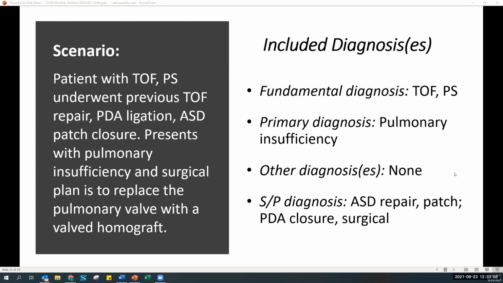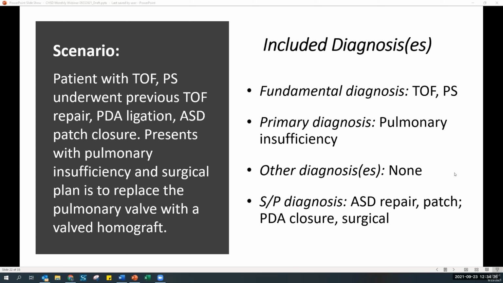Again, art and science, what do you like to look at in your program? When you look at STS, doing it this way, exactly what's on the slide, will meet what's required for analysis. So you're meeting what the STS database needs to do an appropriate analysis. I know for me locally, when I look at my data, if I had also listed an ASD and a PDA, I would presume that that patient had those lesions currently today walking into the OR.